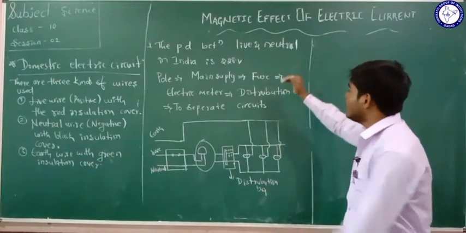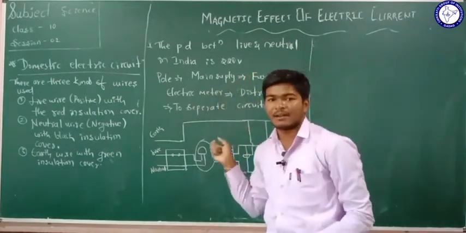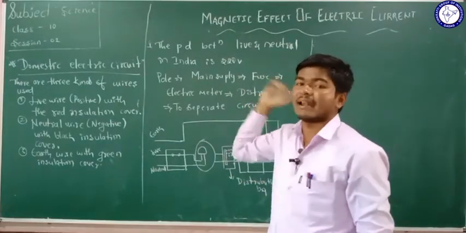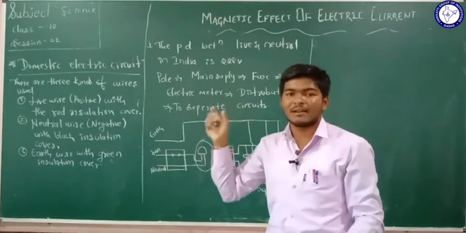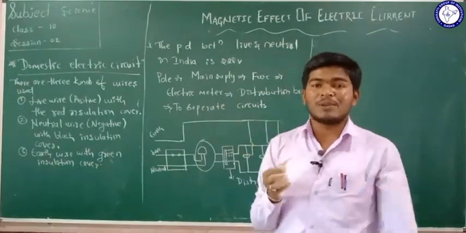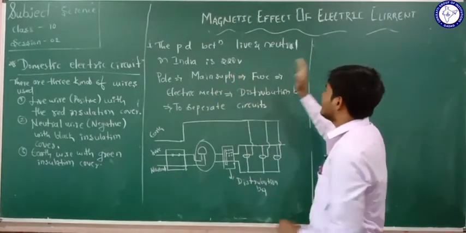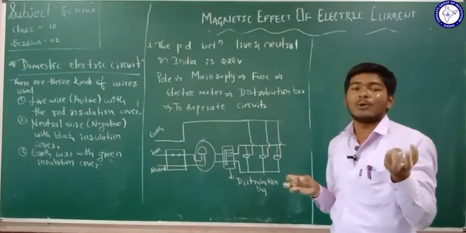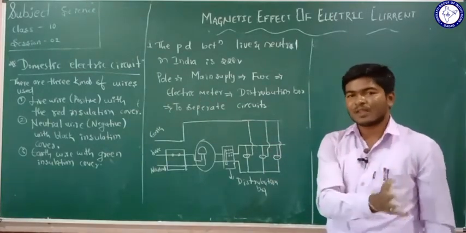Then after the fuse, the electric current will move towards an electric meter. You have to see in your home, one meter will be present outside of your home. With the help of that meter, the power department gives you a bill, so the electric current flows towards that meter to count the amount of electricity which you use for a month or for a year.